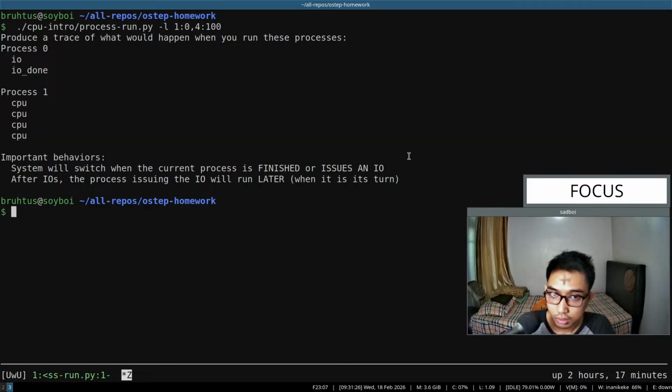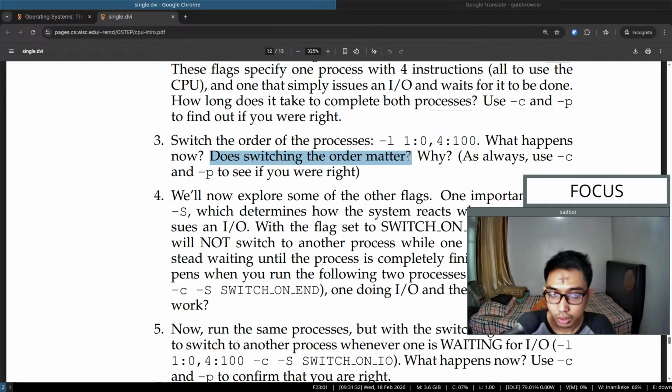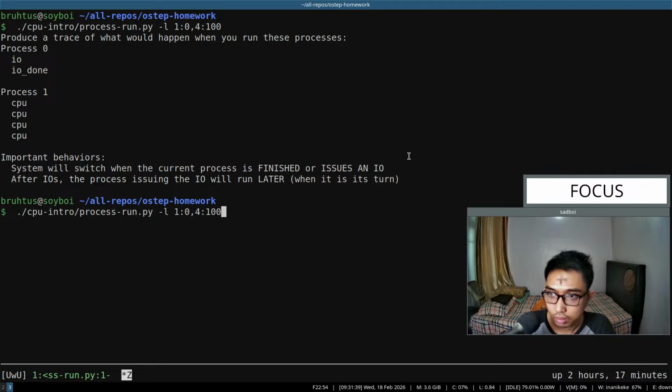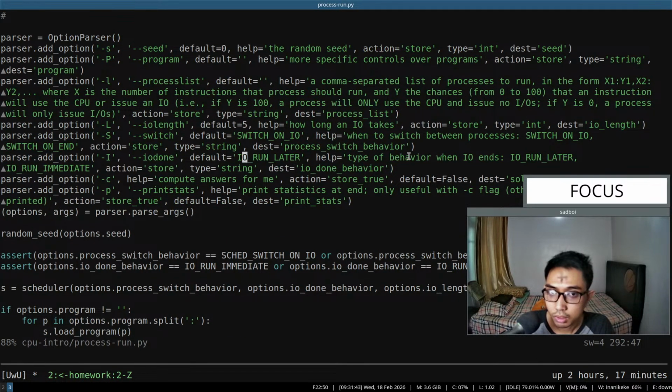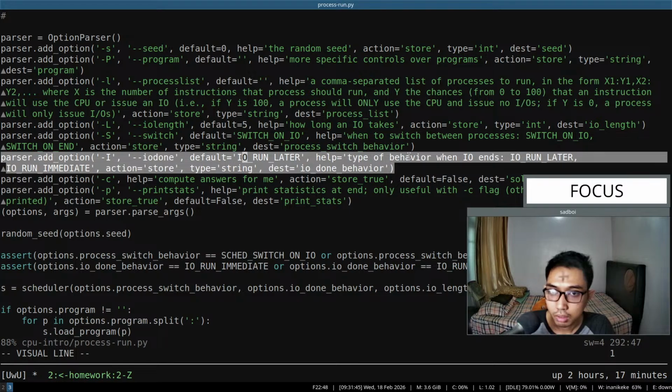And then does switching the order matter? I am still not sure. I mean, input output run later. Right.